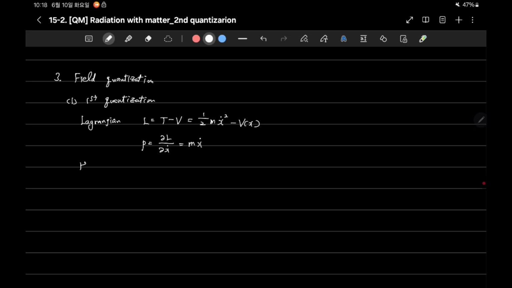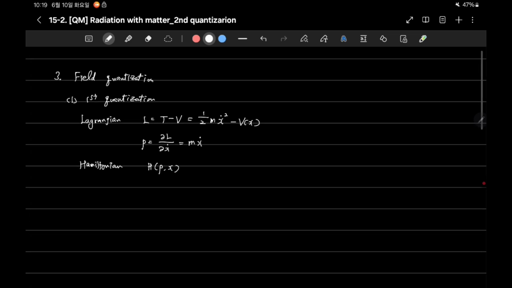And so the Hamiltonian is defined as a function of momentum and coordinate, H equals p x dot minus L. So it is p squared over 2m plus V(x), that is the Hamiltonian in classical mechanics.